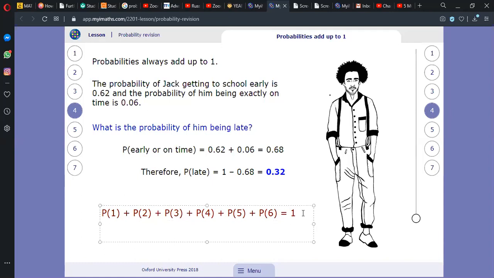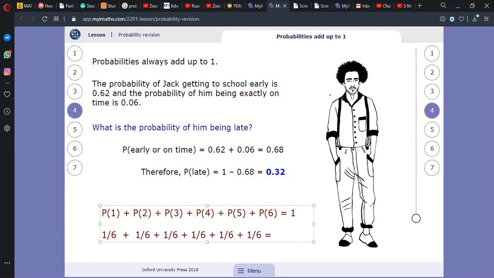The probability of getting a 1 on a dice, we all know, is 1 over 6. Plus, for a 2, definitely 1 over 6 as well. So you can see the trend now. Plus 1 over 6, plus 1 over 6, plus 1 over 6, and lastly, plus 1 over 6, because the probability of each of them is 1 over 6.